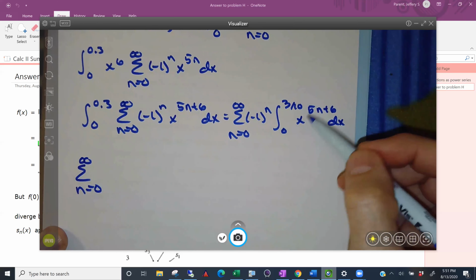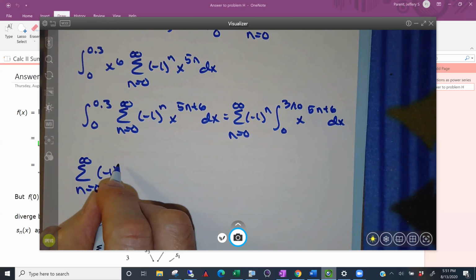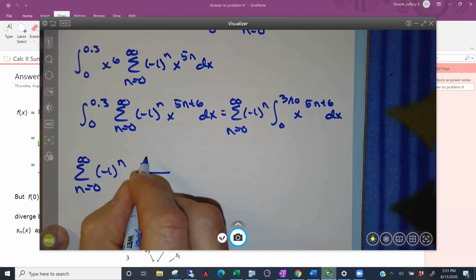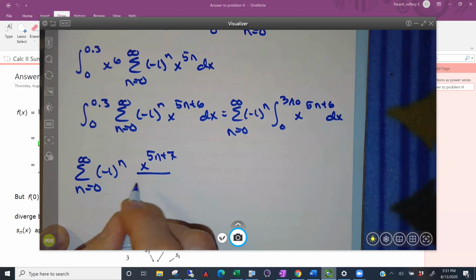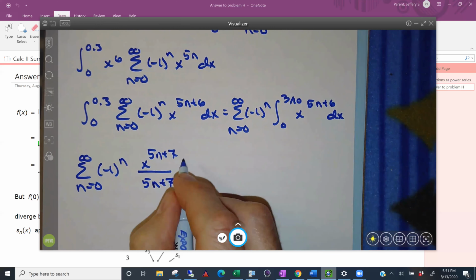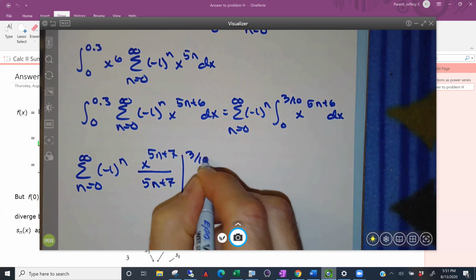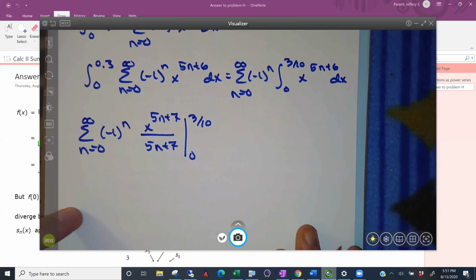Now, to integrate this, I'm going to add 1 to the exponent and divide by the same exponent. So that's going to be x to the 5n plus 7, divided by 5n plus 7, and that has to get evaluated between 0 and 3/10. Now I might be showing you a little bit more work than I need to. That's okay.